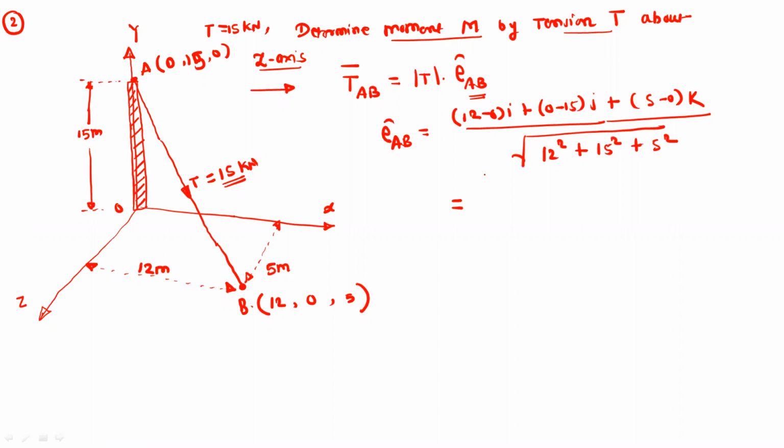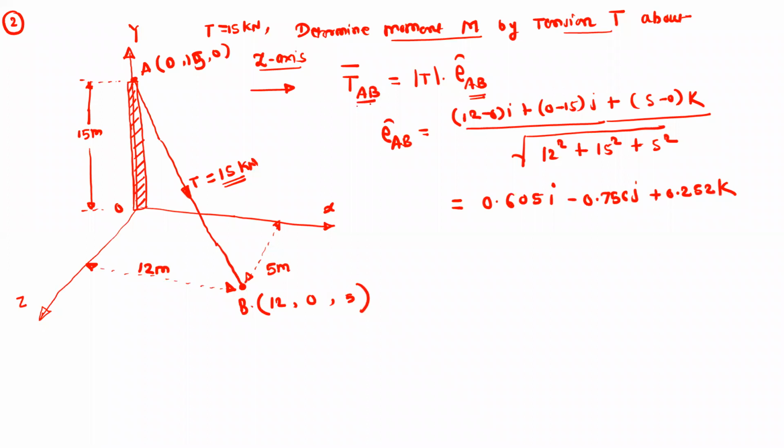Simplify this equation and you will get the answer 0.605 I minus 0.756 J plus 0.252 K. So this is the unit vector in the direction AB.